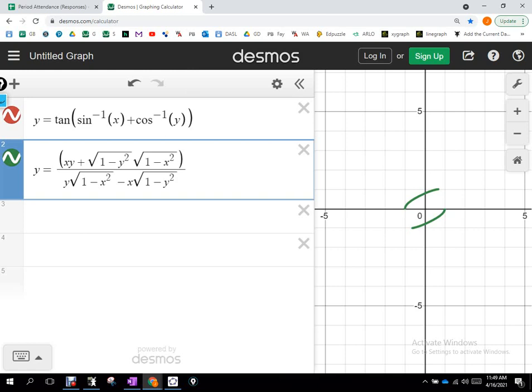Okay, which is the foundation of most of your JavaScript, your HTML, that kind of stuff that you use for coding, is your order of operations and that kind of stuff. Does that make sense? Okay.